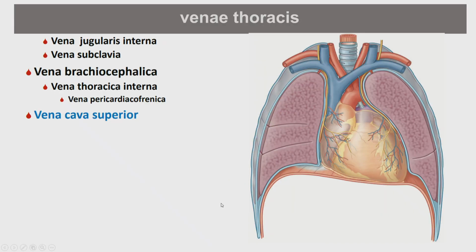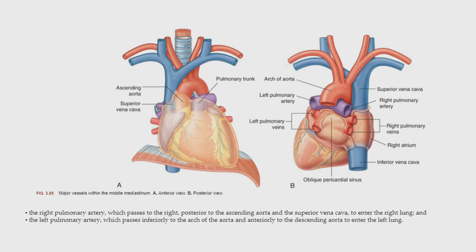So this is one important piece of information, and this is the topographical relation of the superior vena cava and inferior vena cava related to the pulmonary trunk, from the anterior aspect and the posterior aspect.